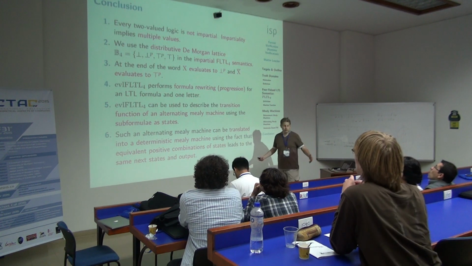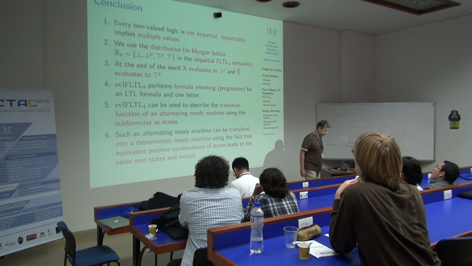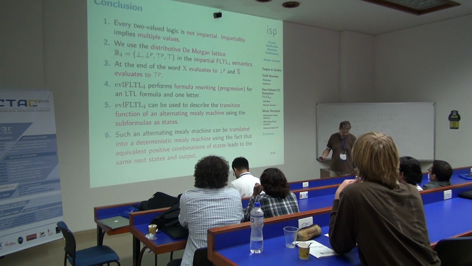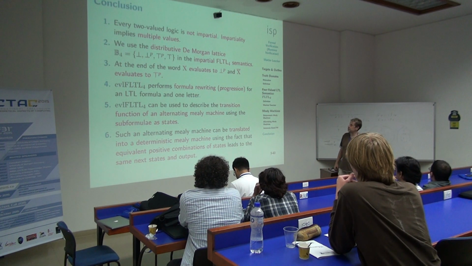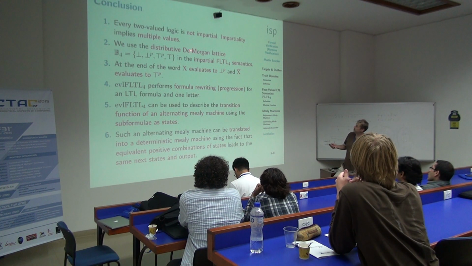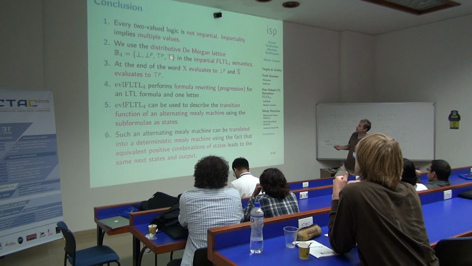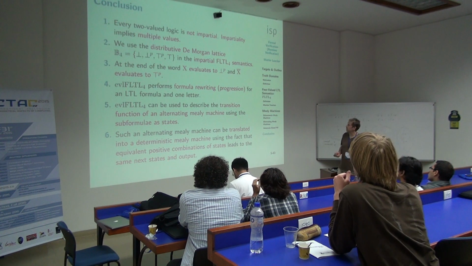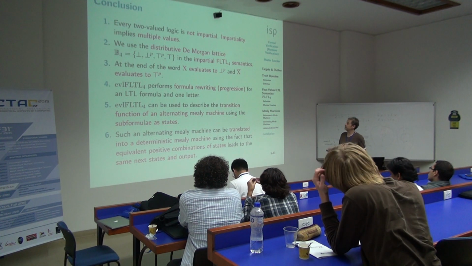We have to come up with a notion of multi-valued logics with the right notion of truth domain. We consider distributive De Morgan lattices, and we consider this one here for giving an impartial semantics to LTL.